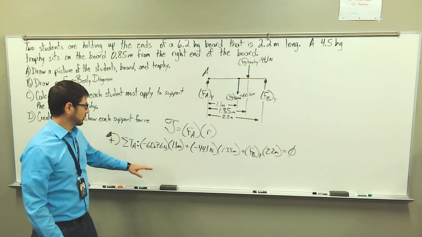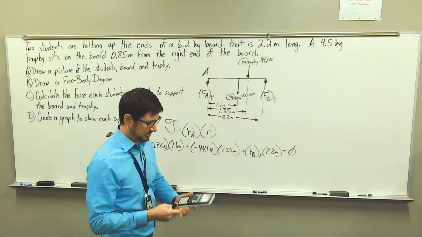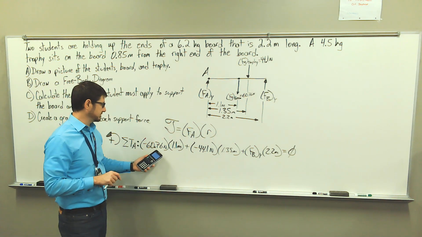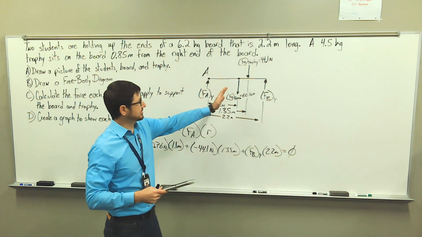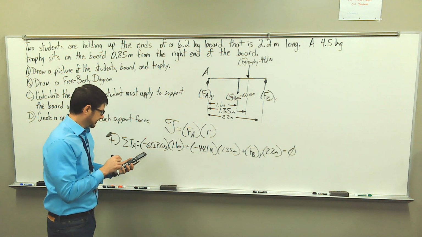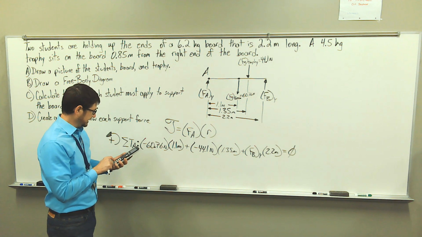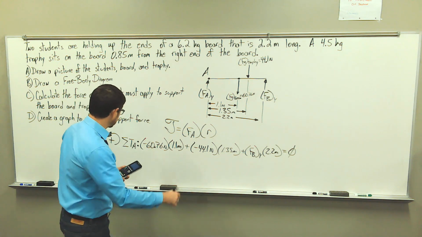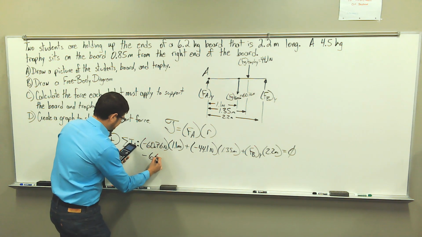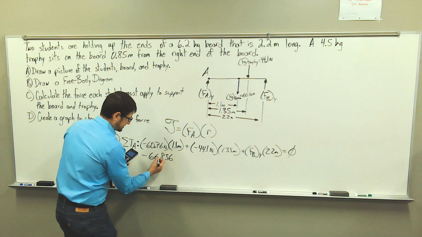Okay? Now, we're going to calculate the product of these two values. So we're calculating the torque here at this position. So I've got a negative 60.76 times 1.1 meters. I've got negative 66.836.